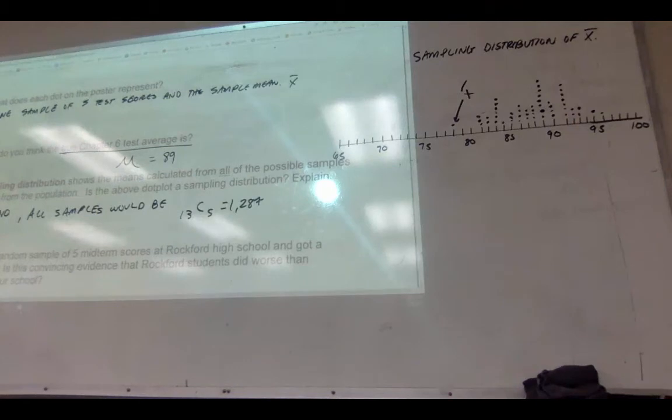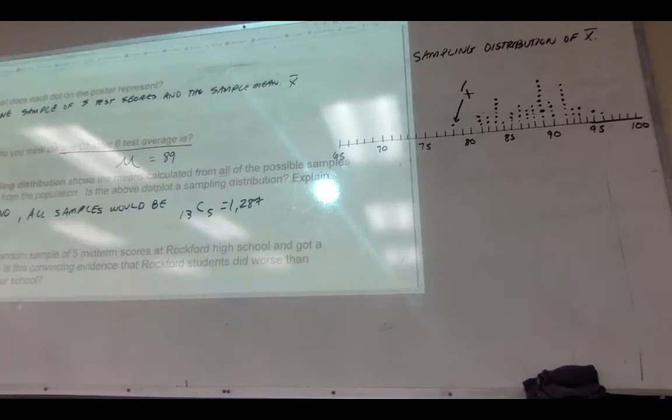Okay, so let's talk in theory. We had to do this because I had to simulate it. What would be convincing evidence? If less than... Like, what would we look for as convincing evidence?